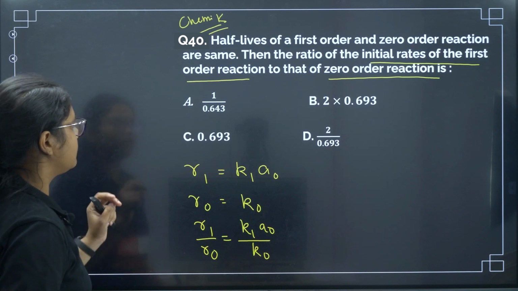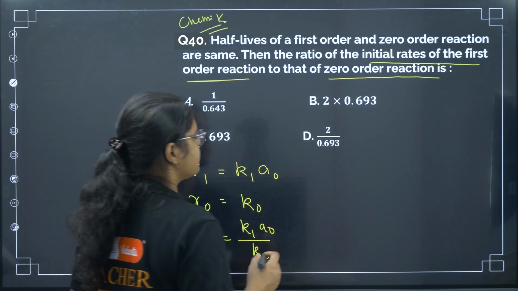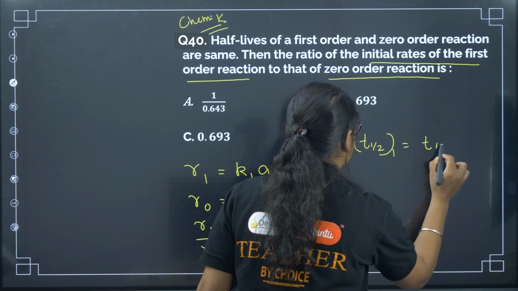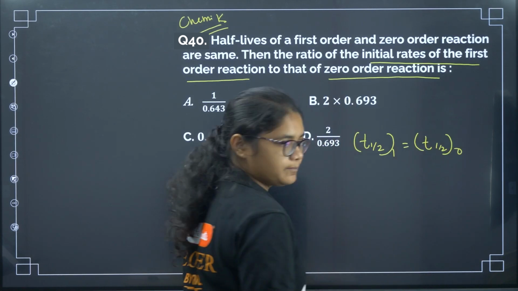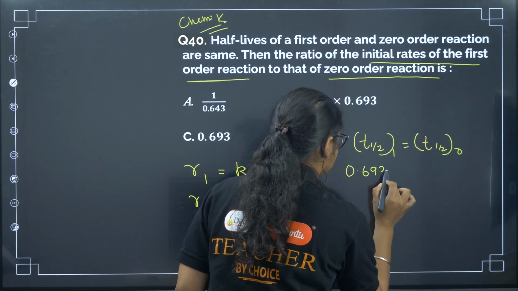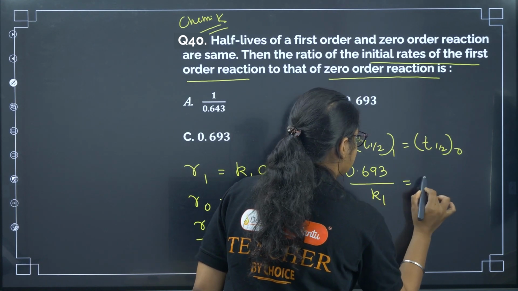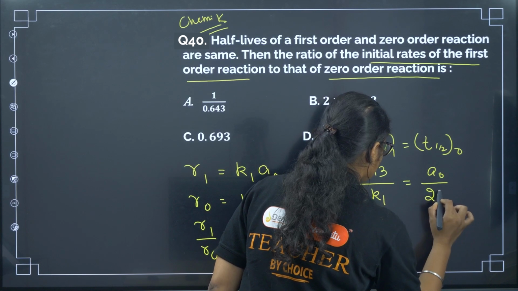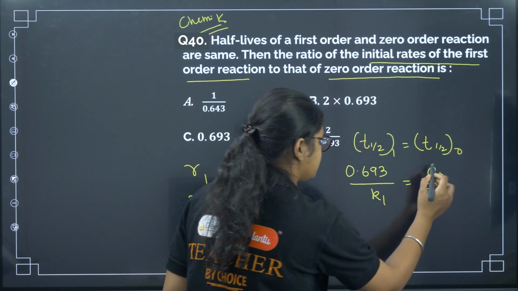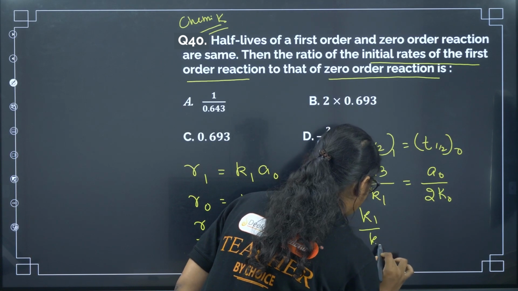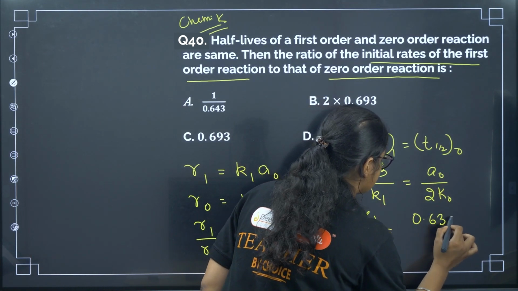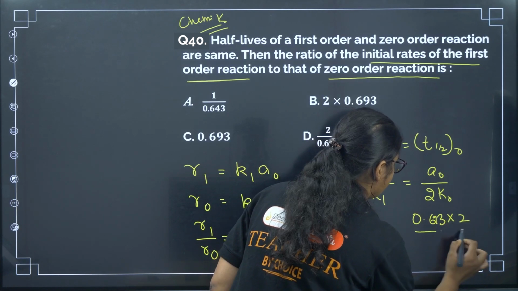Now what another information is given: the half-life of the first order, T half for first order is equal to T half for zeroth order. The formula of T half for first order is 0.693 by K1, that will be equal to A naught by 2K0 for zeroth order. So I need the ratio of K1 by K0, which will be equal to 0.693 into 2 by A naught.